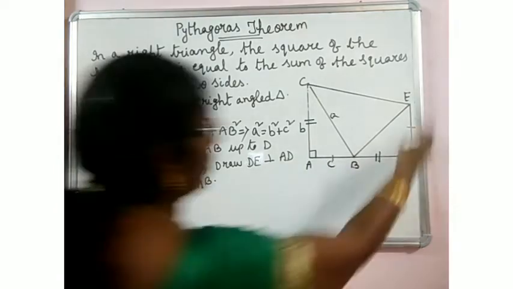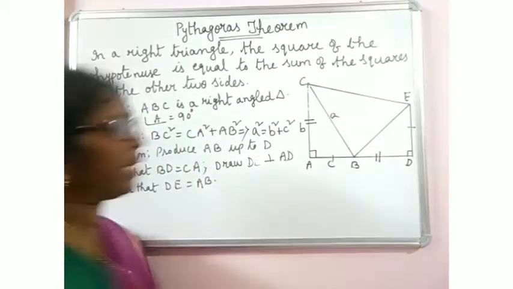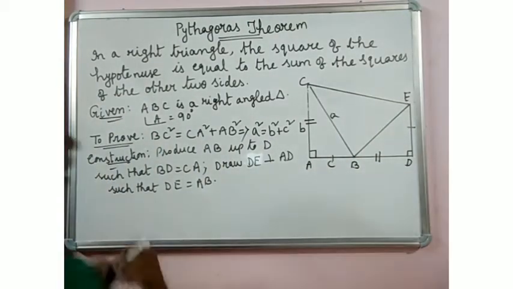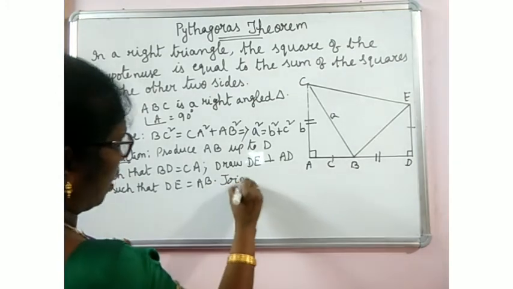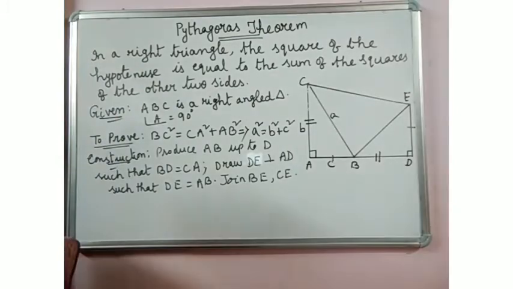Then join BE and CE. This is what we have constructed.